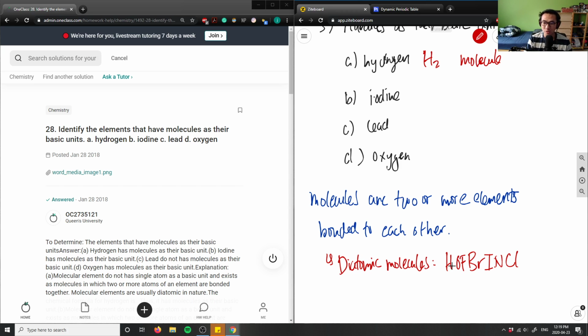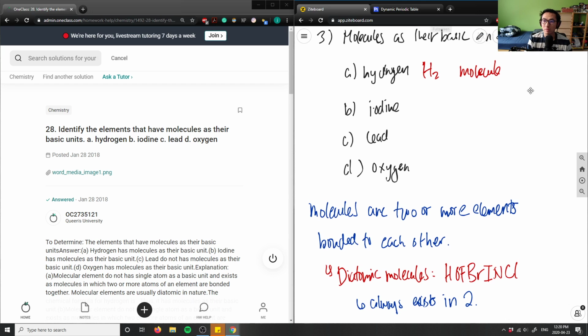So it's hydrogen, oxygen, fluorine, bromine, iodine, nitrogen, and chlorine. All these guys always exist in two, or in pairs. So iodine belongs in my diatomic list, which means the chemical formula for iodine is I2. So therefore this here is also a molecule.